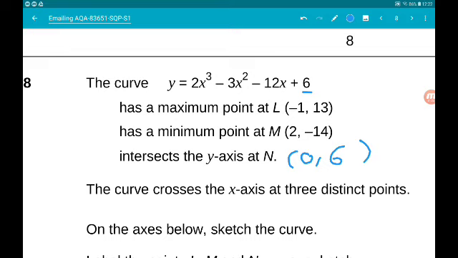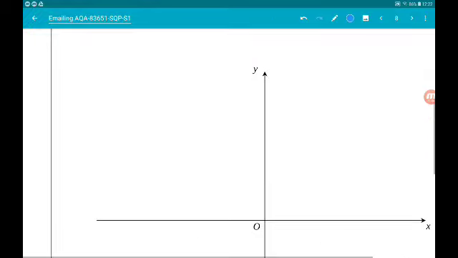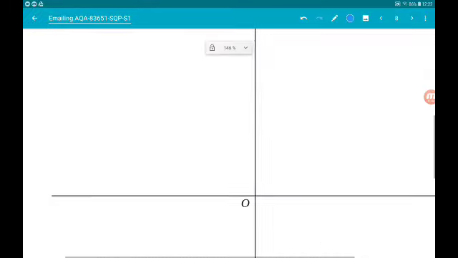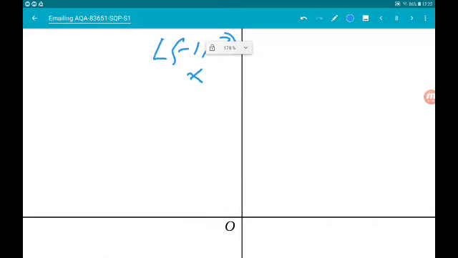Okay, let's put the points on then. So L is (-1, 13). It's only a sketch, remember? So we could put L somewhere like that. Now if that's (-1, 13), then we know that N is going to be down below it, so somewhere like that.